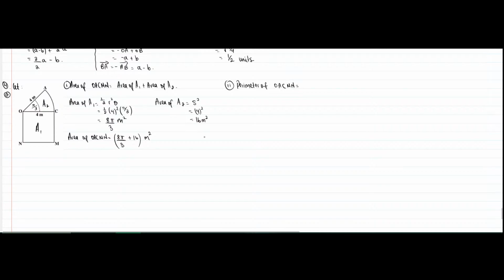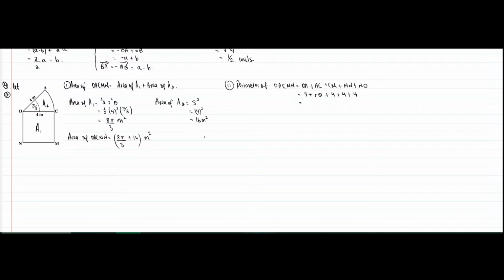Perimeter is the distance around, so we just write along everything we have: OA plus AC plus CM plus MN plus NO. OA is 4, AC is r theta, plus CM is 4 plus 4 plus 4. 1, 2, 3, 4.